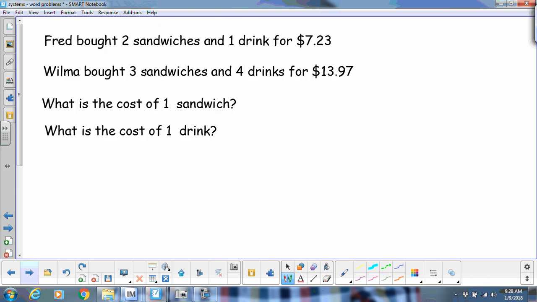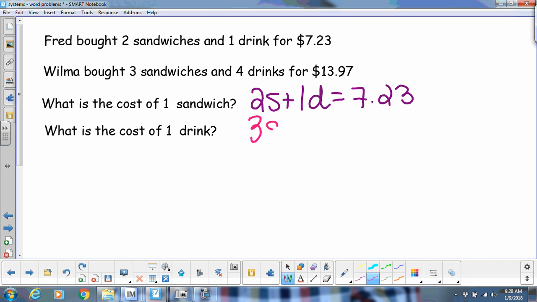Fred bought 2 sandwiches and 1 drink for $7.23. What we got? Okay, seconds. Wilma bought 3 sandwiches, right? And 4 drinks, and her total was $13.97.